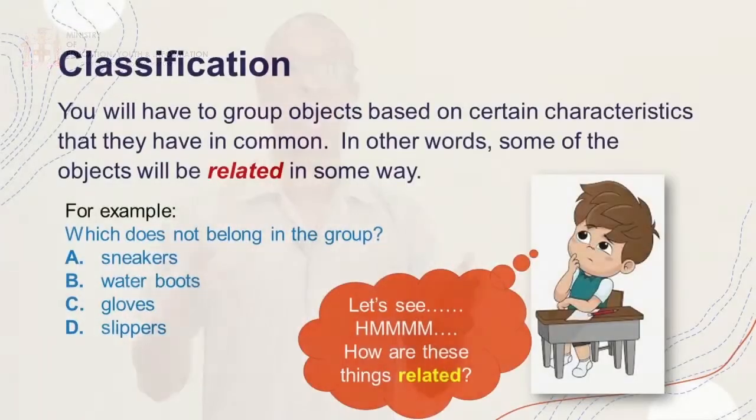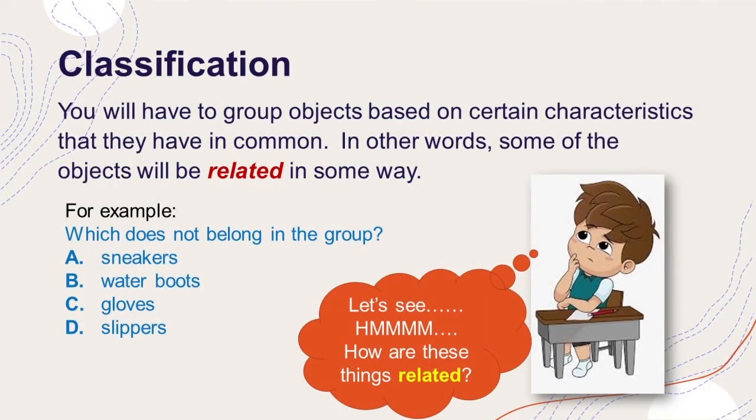Now we're looking at classifications. You will have to group objects based on certain characteristics that they have in common. In other words, the objects will be related in some way. For example, this question asks, which does not belong in the group?